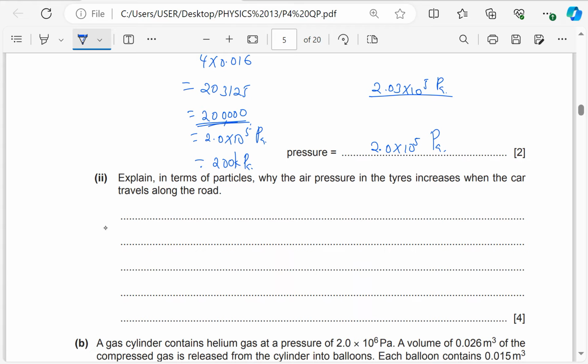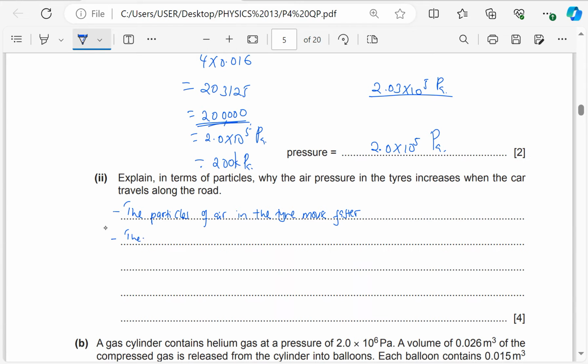So simply say the air particles in the tire move faster.